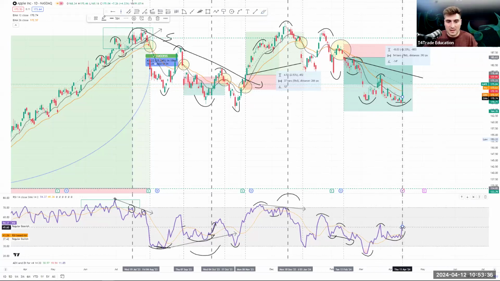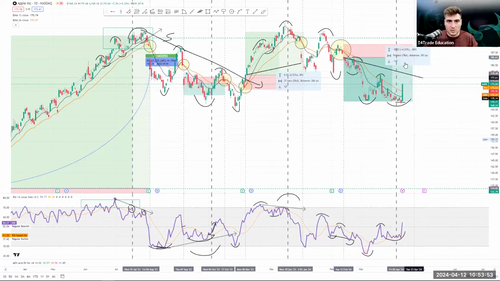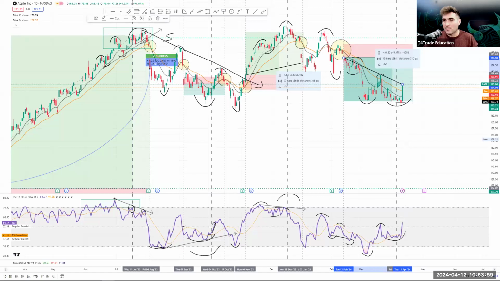The fact that the RSI consolidated and made a higher low here was an early signal for me to exit the position somewhere in there and make, in a sense, 9% compared to the current 5%.